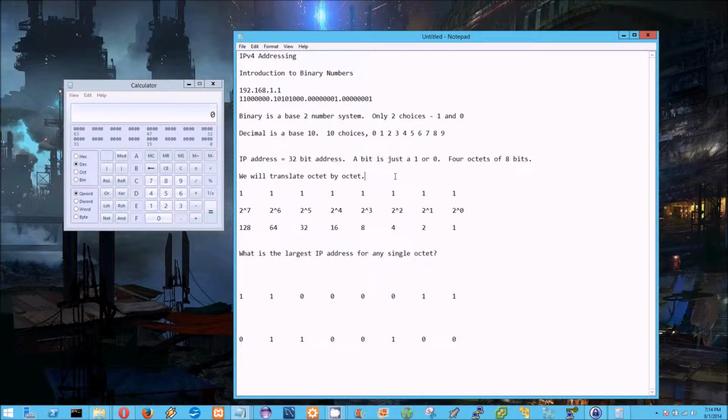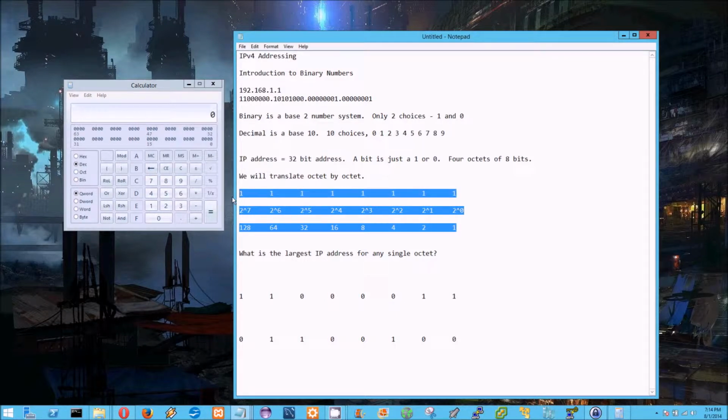Now, when you're starting off with binary, what you want to do is make a table of the values of each place in the octet. So let's say this top line is the octet. Here, here, here, here. Doesn't matter.